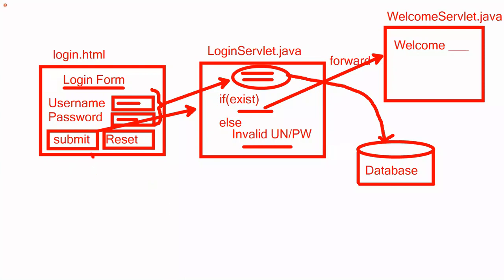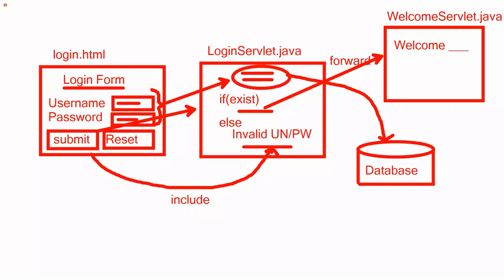HTML also we can include. So if the username and password exist, welcome username is displayed with the welcome Servlet, I'll forward. If it does not exist, invalid username or password in red color letters, as well as this HTML page is displayed again.